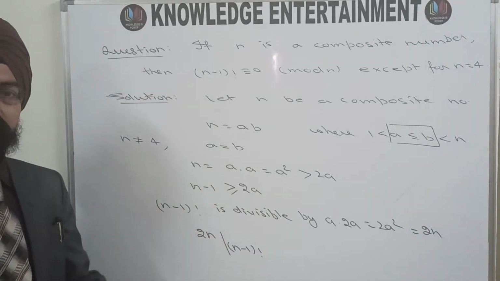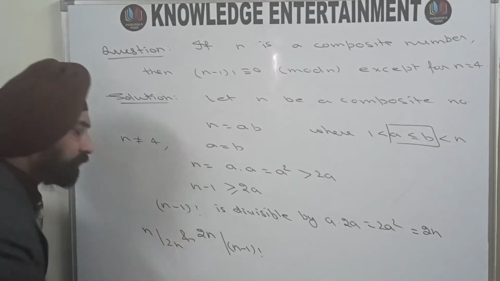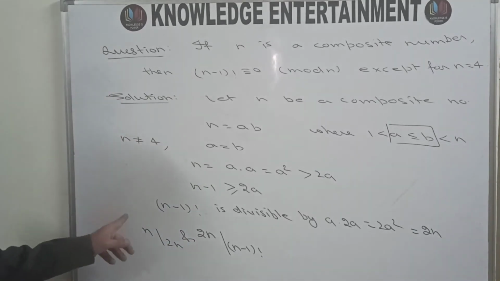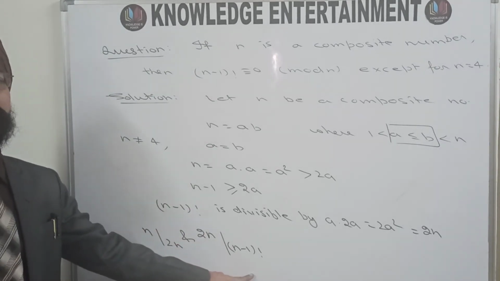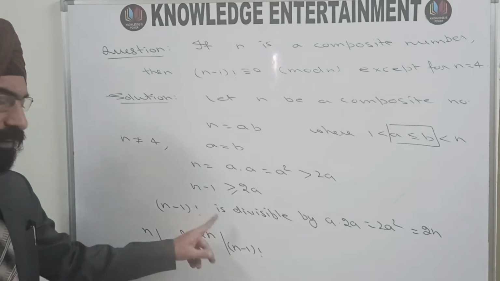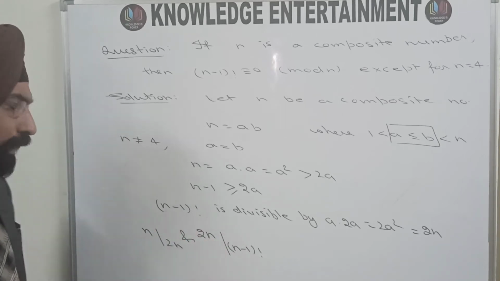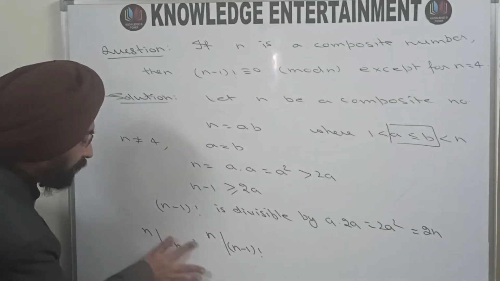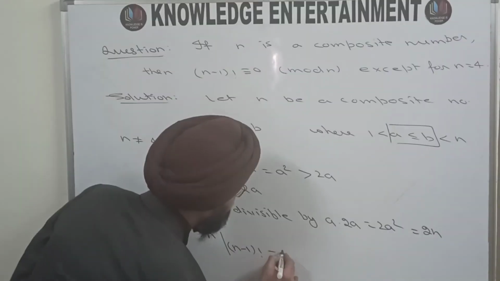And n divides 2n without any doubt. 2n divides n minus 1 factorial, and divisibility is a transitive relation. A divides B, B divides C, that means A divides C. So you can directly say that n divides n minus 1 factorial. So I am writing here n divides n minus 1 factorial, and you can write here congruent to 0 modulo n.